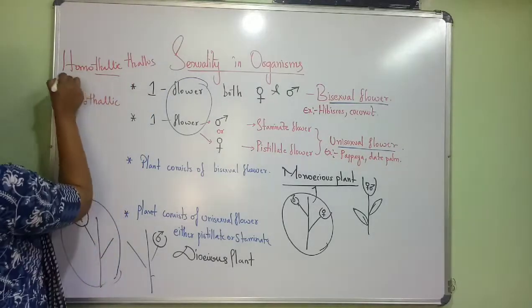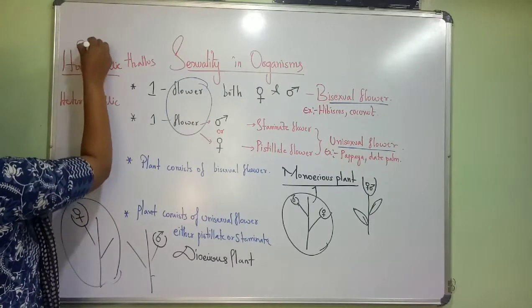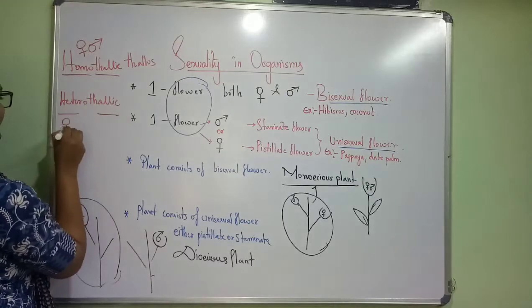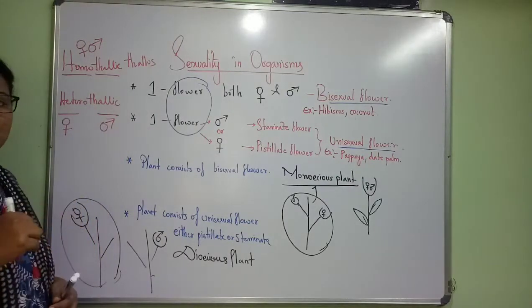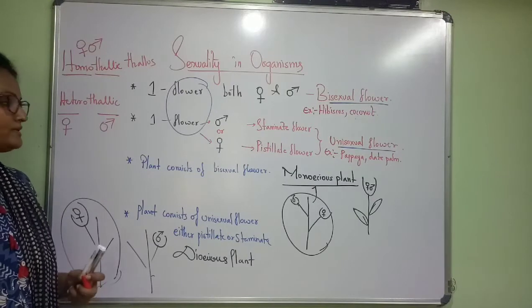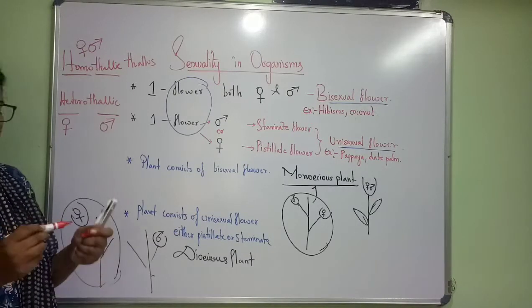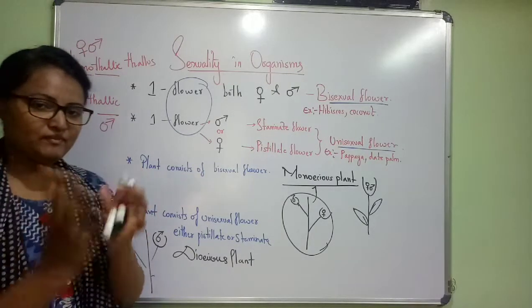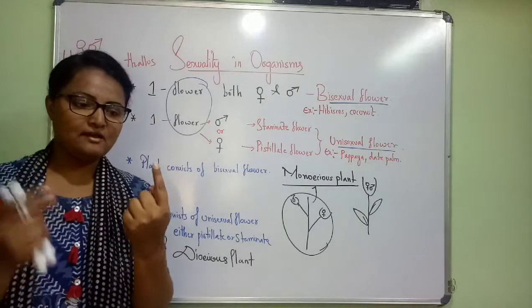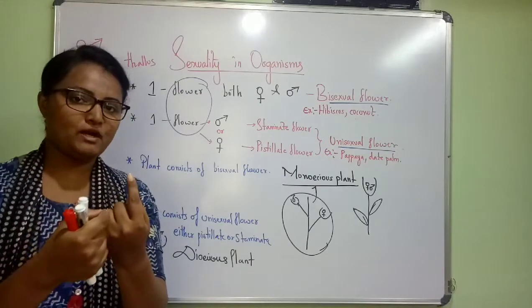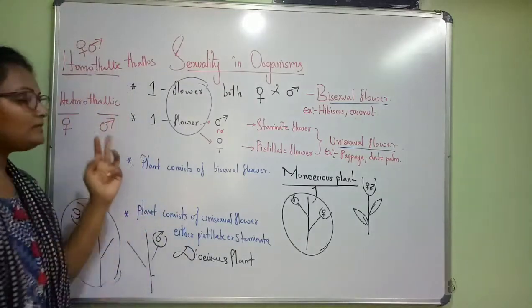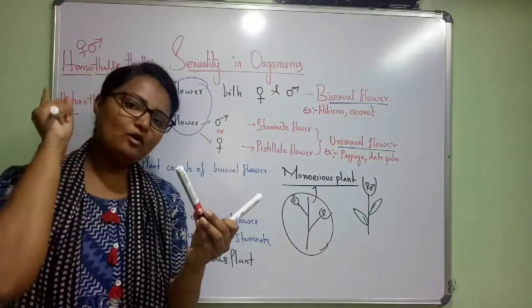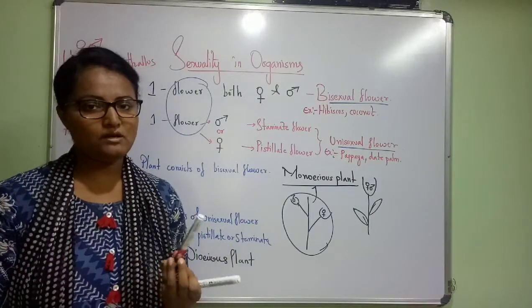The same thallus where both organs are present, or different thallus where different reproductive organs are present in different thallus. Hence it is called as heterothallic. Homothallic means same thallus, single thallus where both the reproductive parts are there. Heterothallic means two thallus, each thallus contains any one reproductive organ or part.